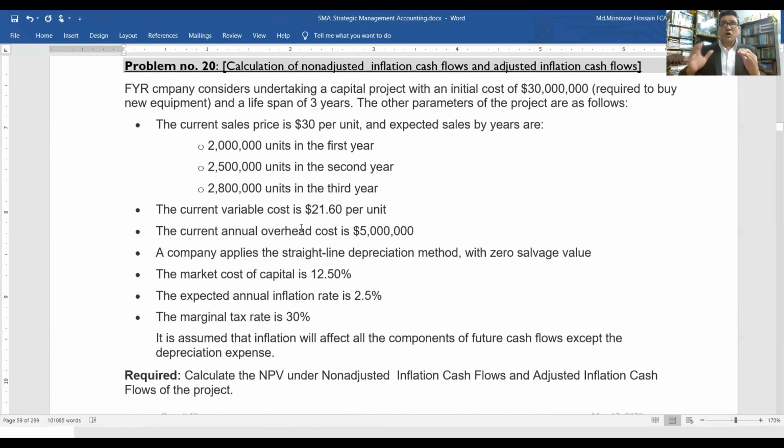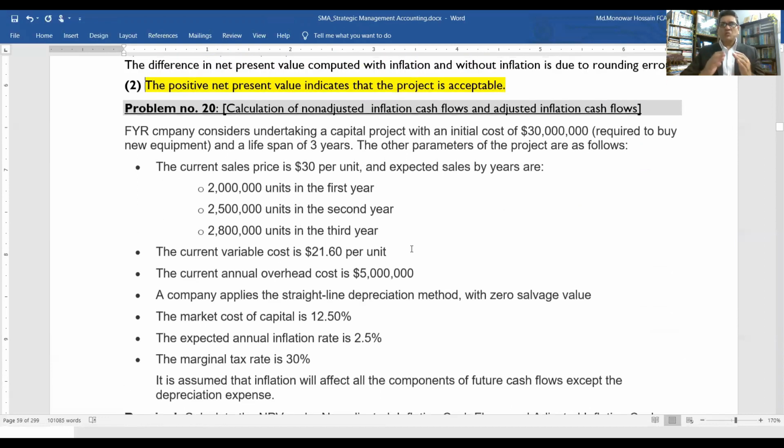Calculation of non-adjusted inflation cash flow and adjusted inflation cash flow. Also in the same way we will see that both methods give the same result. Company FYR considers undertaking a capital project with an initial cost of 30 million required to buy new equipment, and its life is 3 years.